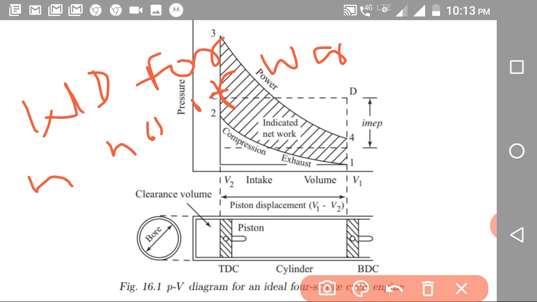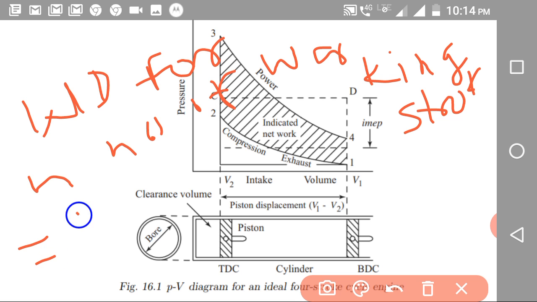That will be mean effective pressure into stroke length into area into n number of working strokes, and this is for a single cylinder.